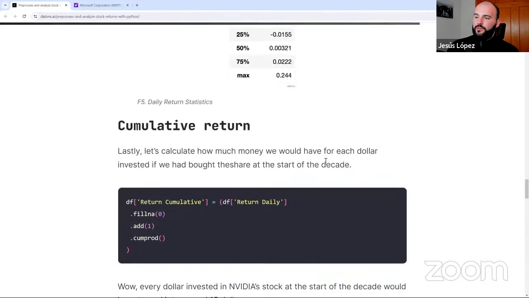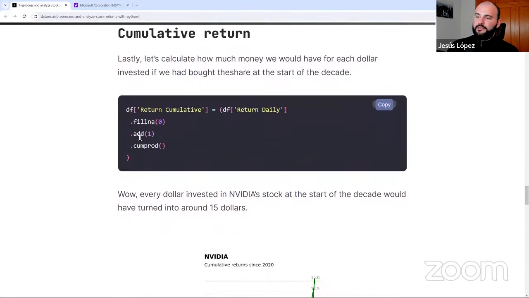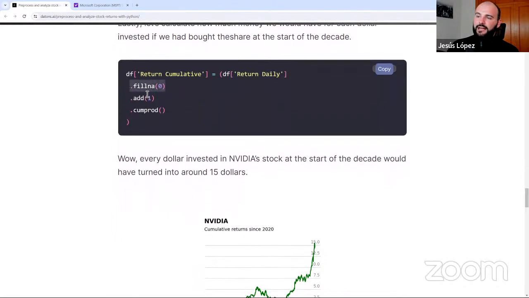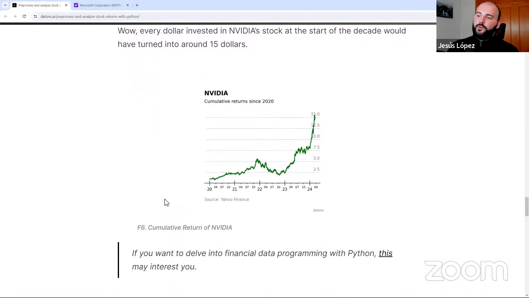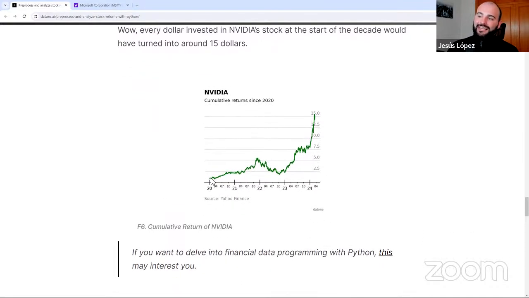In this case, we need to fill the first missing data with a 1 so that the cumulative product can be applied and it doesn't give us a value near 0, because most of the percentage changes are 0.01, 0.02, etc. And finally, we would have that the stock has increased up to 15 times the original value.